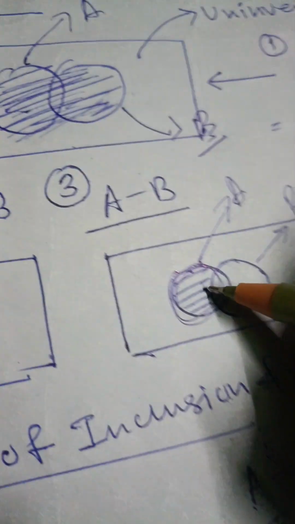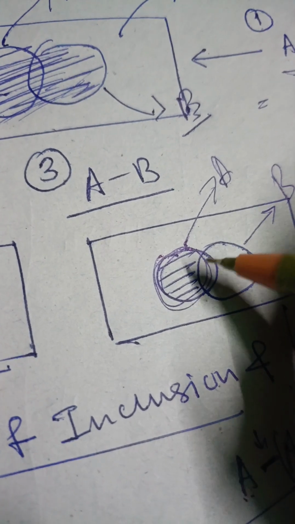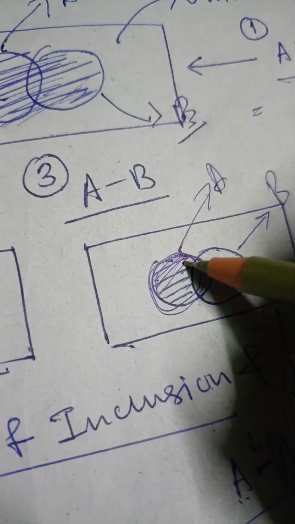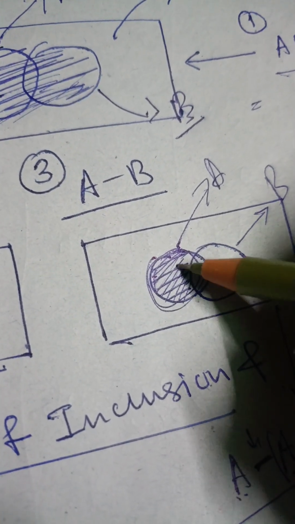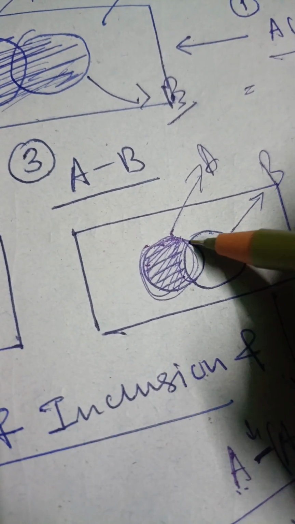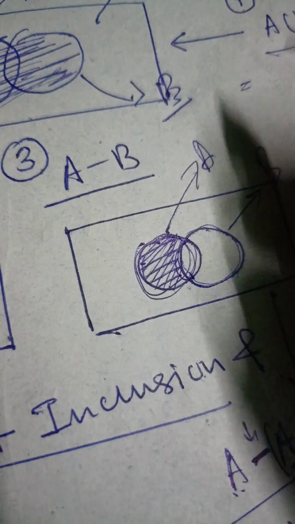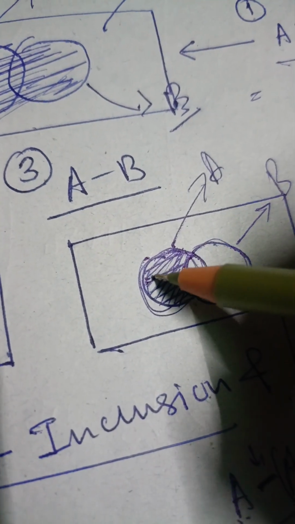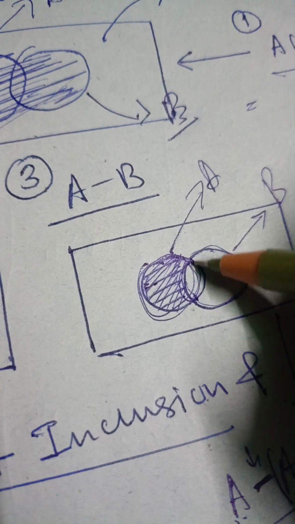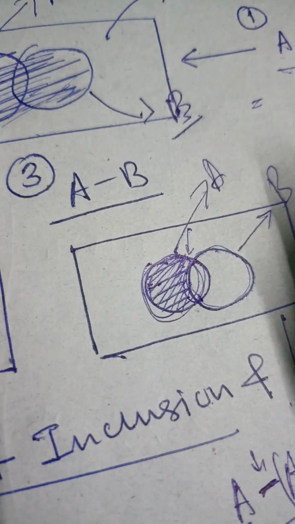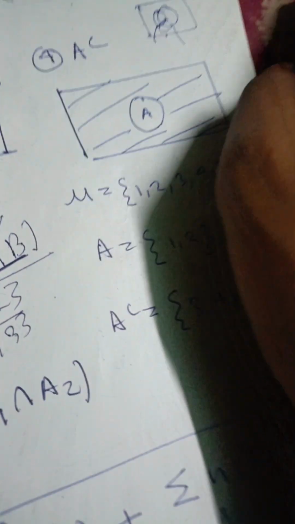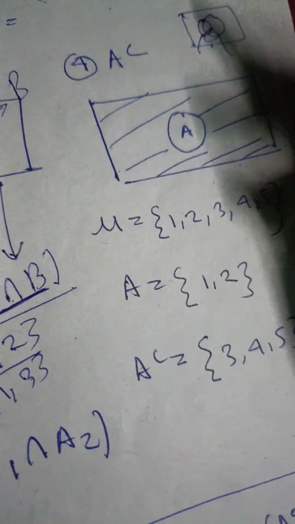Remember, we are only marking the section that is only in set A. We are not marking the section that is common to A and B, and we are not marking the section that is in B. You got me? If you don't, just tell me.